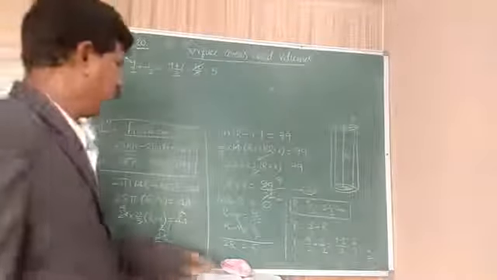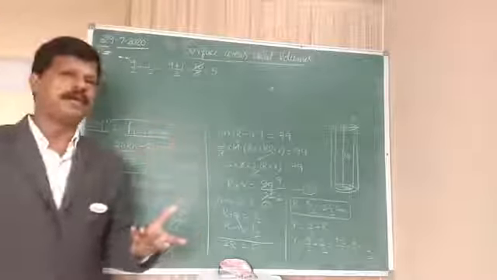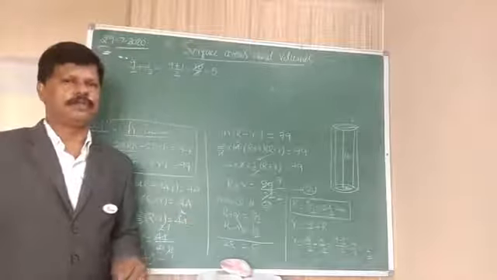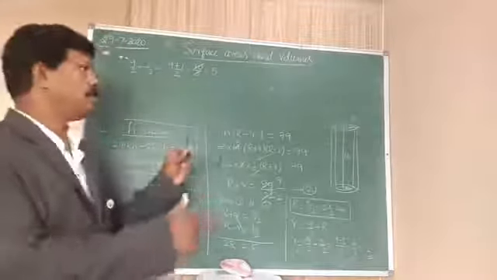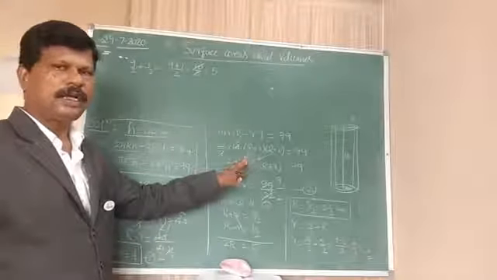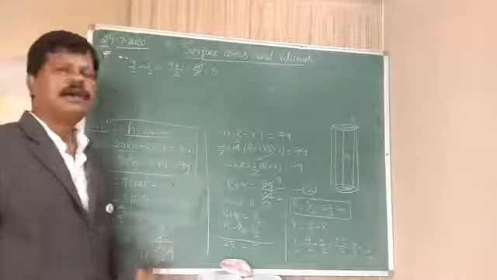Clear this? So this is the way of finding the combined surface areas and volumes in different ways. Clear this? So I will wind up this chapter here itself. Clear? Next week I am starting a new lesson.